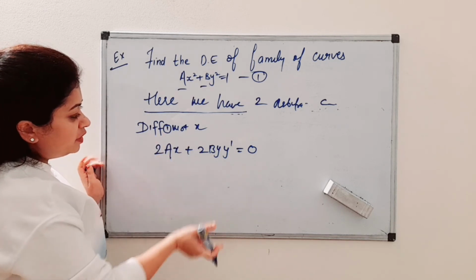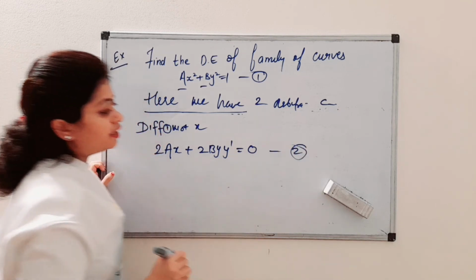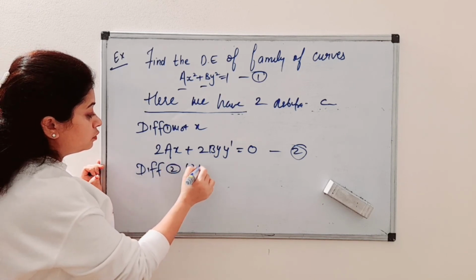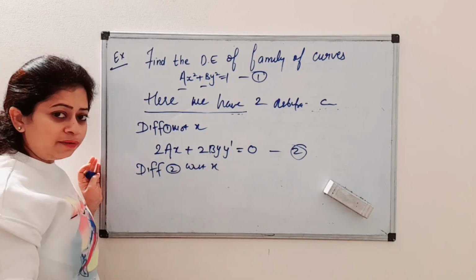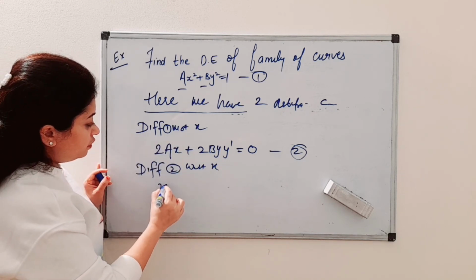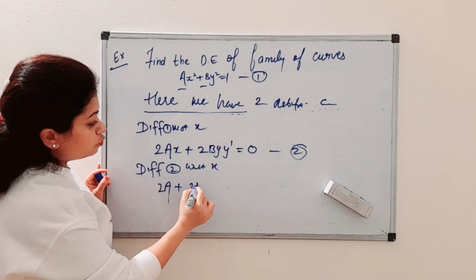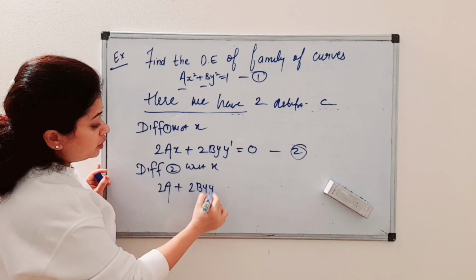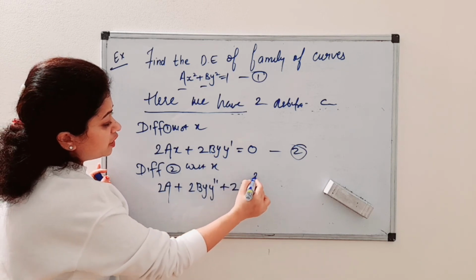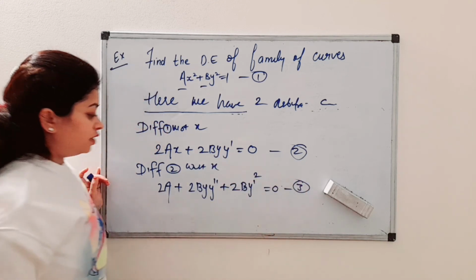Now for eliminating, we can differentiate it one more time, differentiating 2 with respect to x. Then we will see how we can eliminate the arbitrary constants. When we differentiate it, we get 2a + 2byy'' + 2by'² = 0. This is equation number 3.